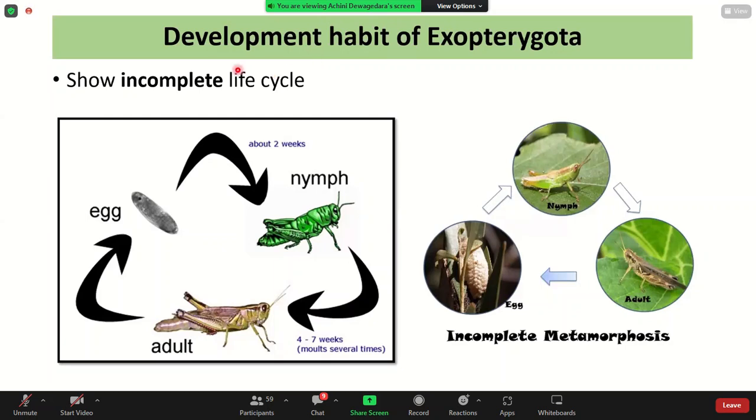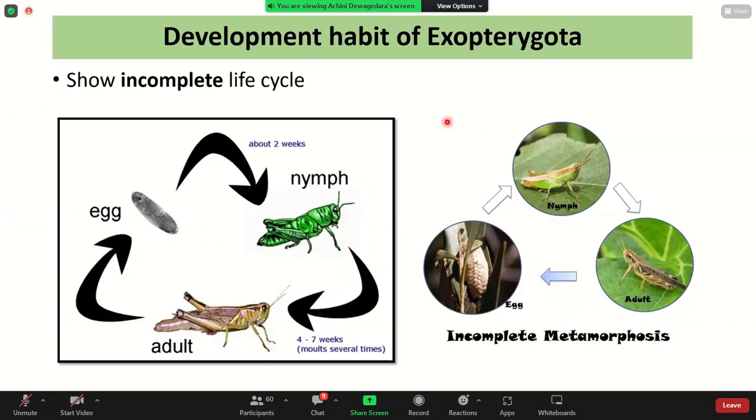Exopterygota, the insects coming under exopterygota show an incomplete life cycle. I'm sure you know what this is. Maybe you have learned this in grade 5, but maybe you don't know the English terms. So I'll be discussing these. Try to get the English terms.